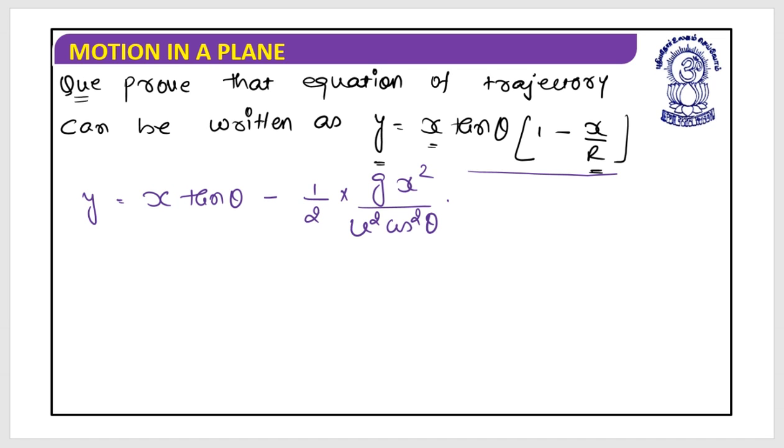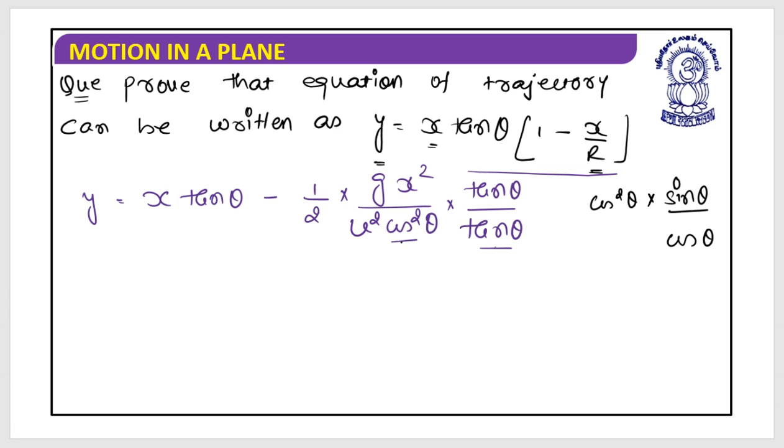Let's try this: I multiply and divide the relation by tan theta. Now what happens when cos square theta and tan theta are multiplied? In rough work, it is cos square theta into tan theta. That tan theta can be written as sin theta by cos theta.